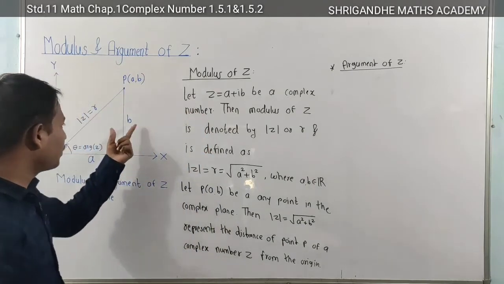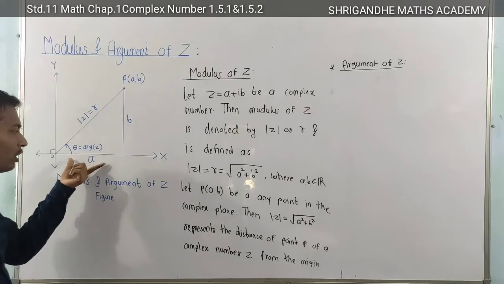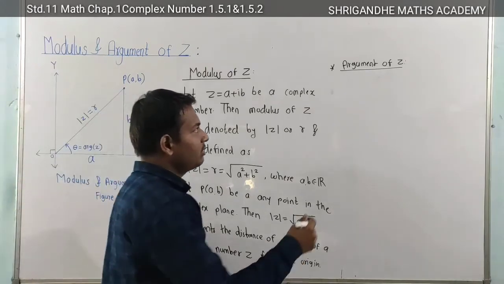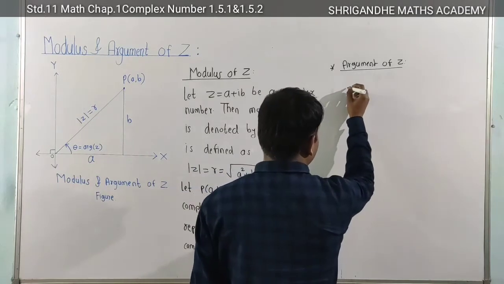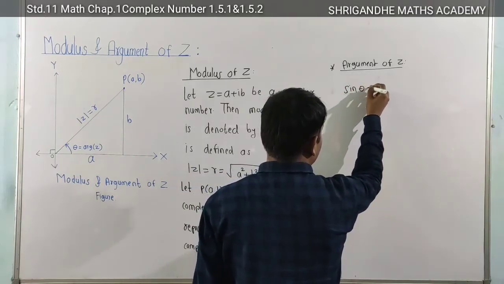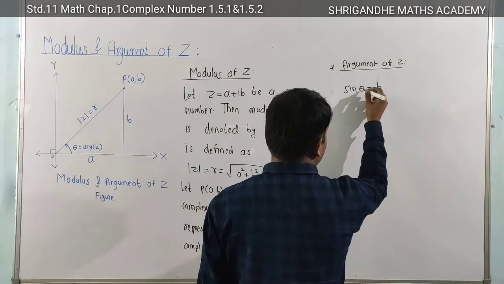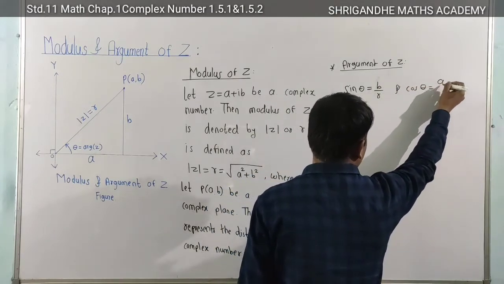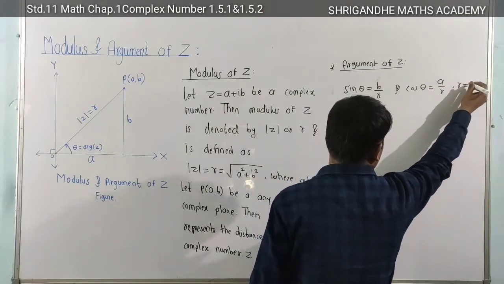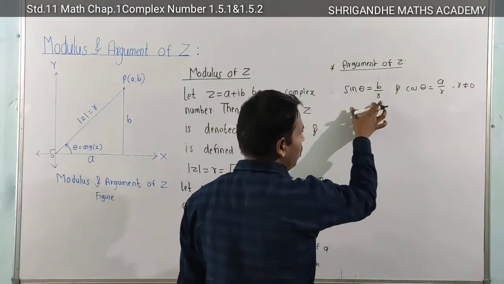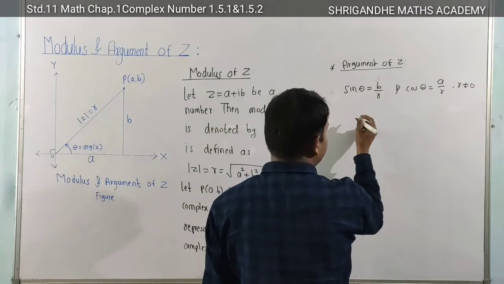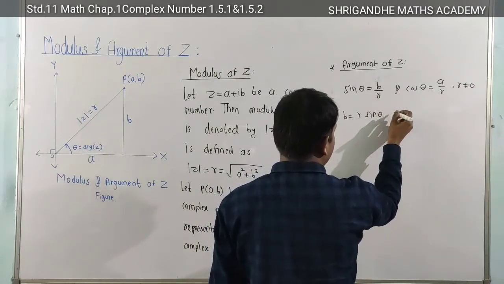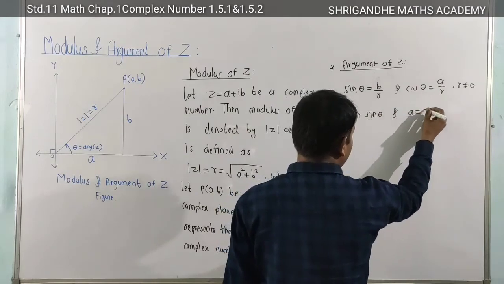Therefore sin theta is equal to b upon r, and also we get cos theta equal to a upon r, where r is not equal to 0. Therefore from these two ratios we get b is equal to r sin theta and a is equal to r cos theta.